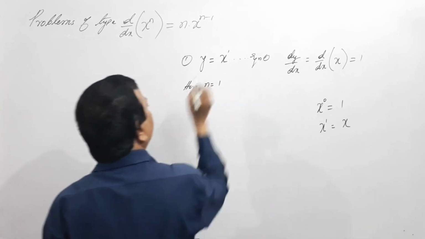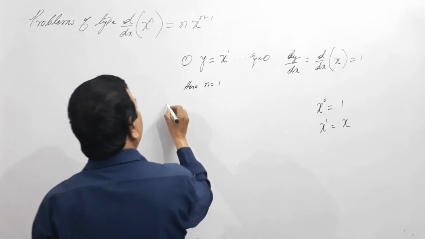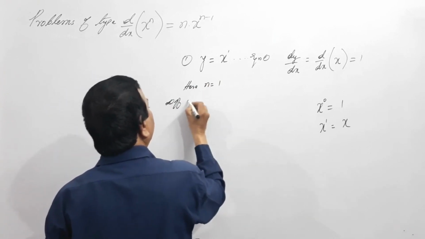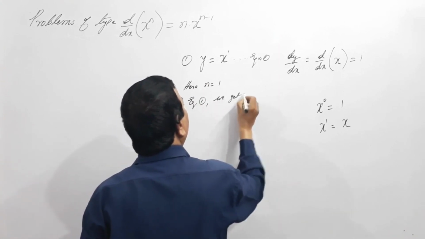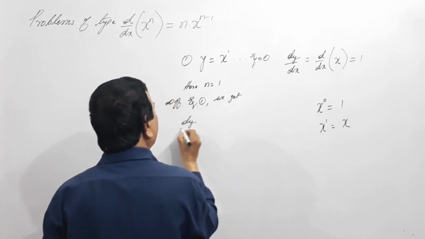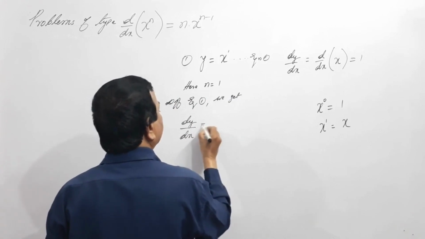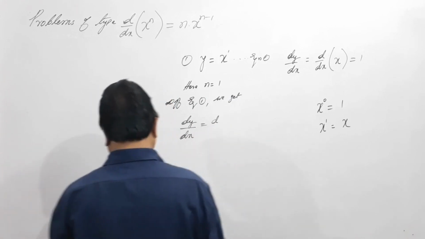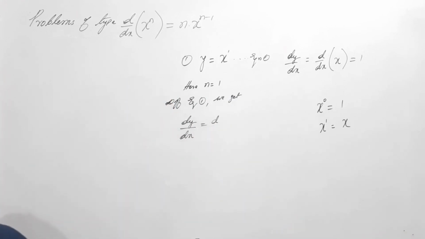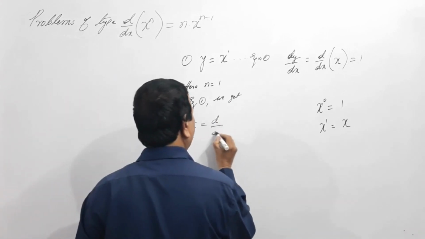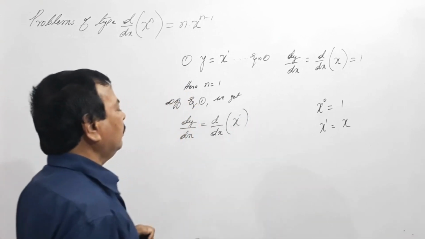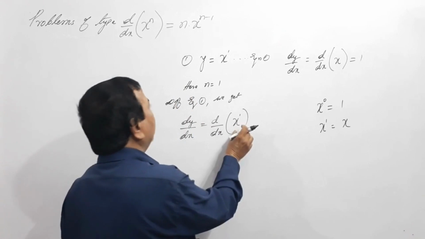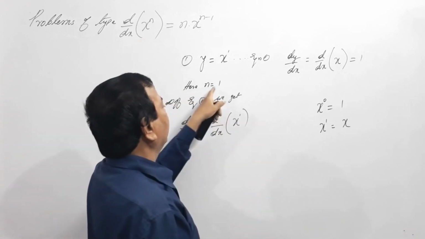So, differentiating equation 1, we get what? dy by dx equals to d by dx of x to the power of 1. Now it is of x to the power of 1, where n equals 1.